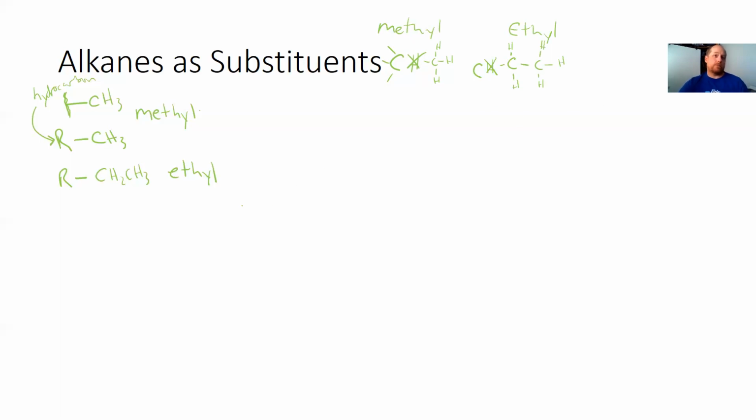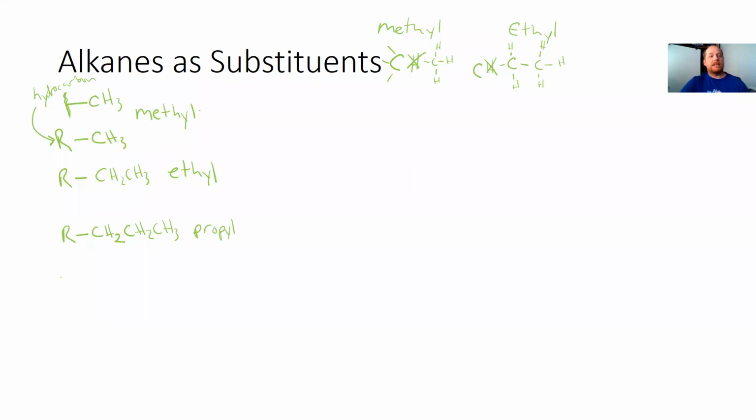It'll be a little different for propyl, but we'll look at 2 versions of propyl. So the R bonded to a CH2CH2CH3. So the idea is the number of carbons in the branch is going to dictate the prefix used for the substituent, and the YL says that it's a substituent. It's part of a branch. So this will be propyl.